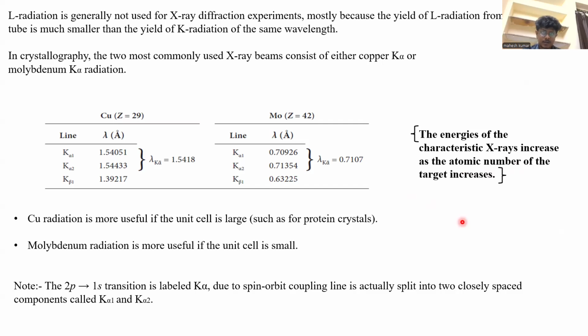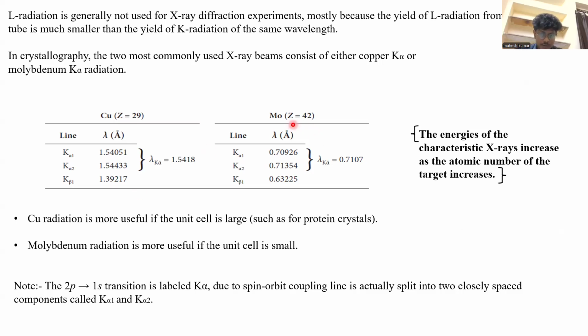It happens because when we increase the atomic number, the effective nuclear charge increases, and that causes shell contraction. As a result, the energy gap between two energy levels will increase, and as a result the wavelength decreases.